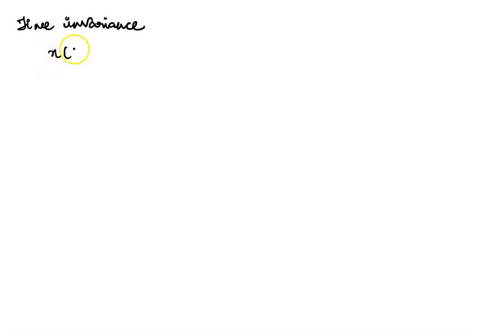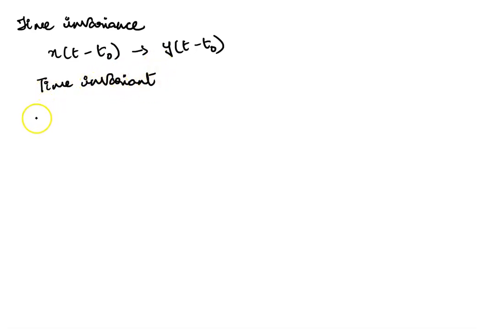If the input has undergone a delay of t naught seconds and the same delay is reflected in the output, then you call that system time invariant. Else, you call that system time variant. So, two aspects that we require for a system to be represented in the form of a differential equation, especially a continuous time system, is that we need to confirm that the system is linear and time invariant in nature.